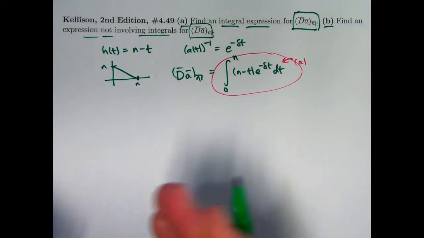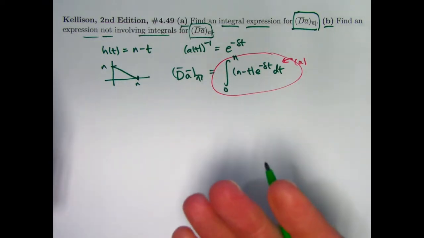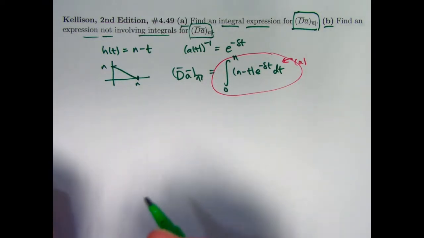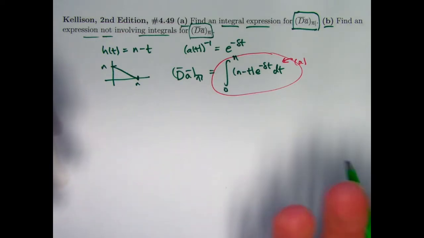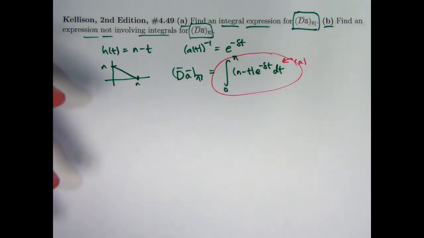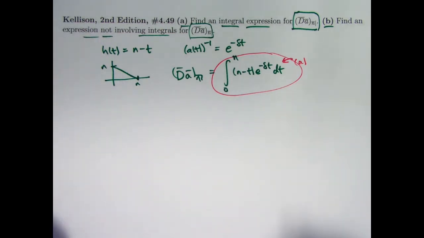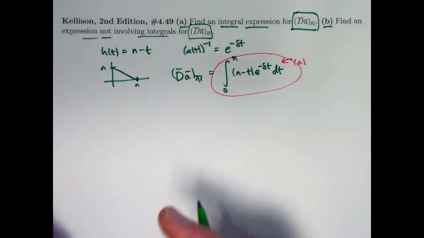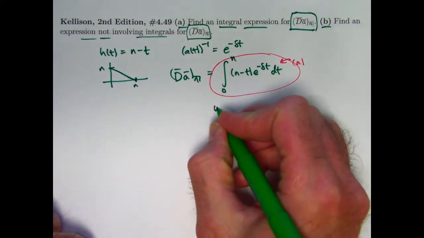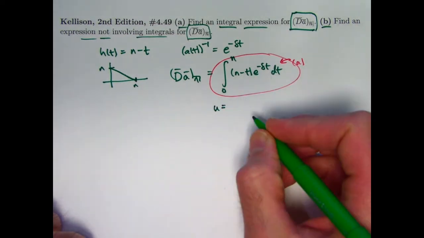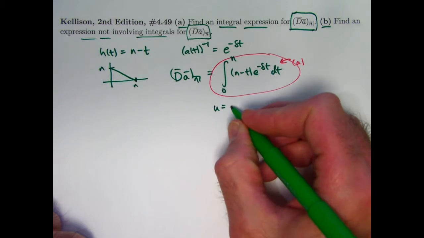I'm now going to do integration by parts to try to evaluate this integral. And in doing so, you should recall that in doing integration by parts, you get another integral that is hopefully simpler to do. I suppose you could consider this other expression that we're going to derive yet another expression for this present value. So with integration by parts, let's keep the limits of integration as they are here, 0 to n.